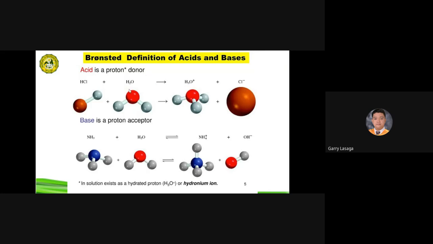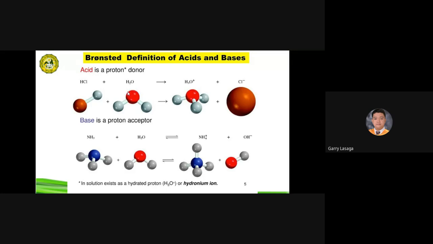And saan galing yung kanyang hydrogen ion? So itong extra hydrogen ion here comes from the HCl. So yung HCl will lose a hydrogen ion and this hydrogen ion will bind doon sa bakanteng space na meron dito sa ating water.